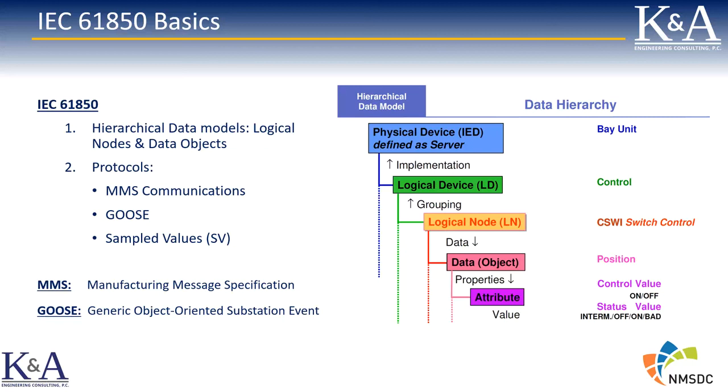The merging units are directly connected to PTs and CTs. They digitize the analog values for currents and voltages that they are looking at, and they send out data packets on the network representing those digitized values. Next, please.